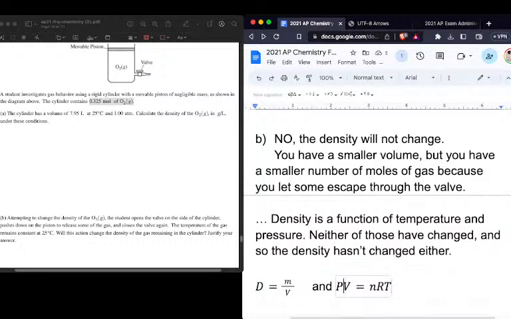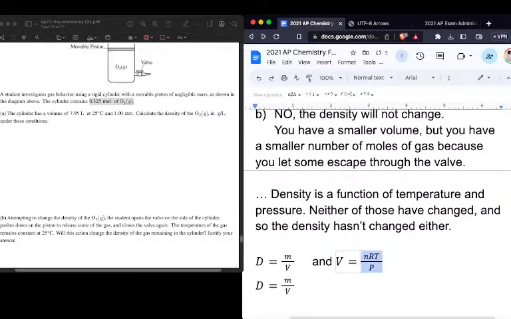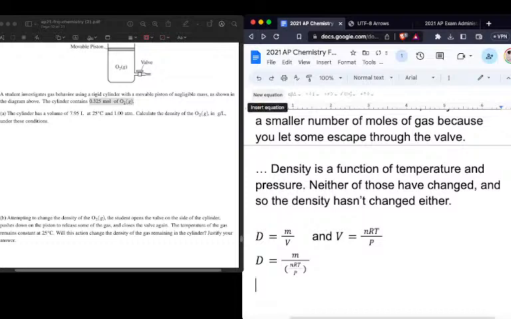Let me reword that to say that V is nRT over P. So I'm going to make a new formula for density, putting this where the V is. Now, that's going to take some work as well. D equals MP over nRT.